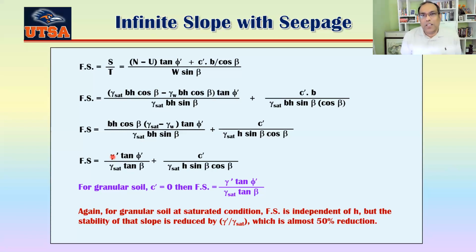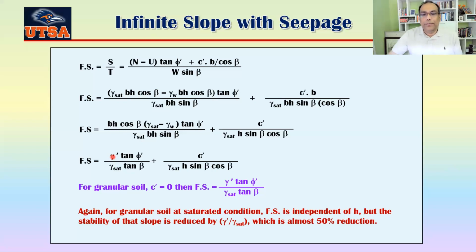So submerged unit weight is 10.2 divided by 20. That's basically 50%. So if there is water, your factor of safety will be 50% less than the same situation without water.